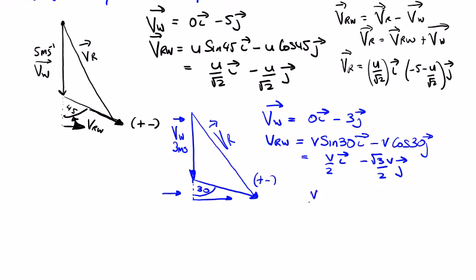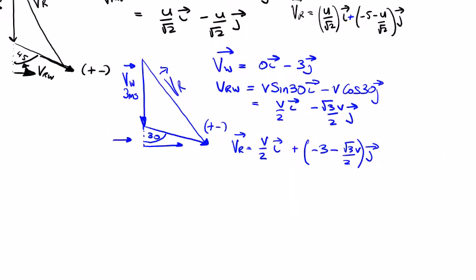So we have v over 2 times i. And we have a plus, I should put a plus in here too. Plus, in a bracket, we have minus 3 minus root 3 over 2 times, put my v in, v times j.